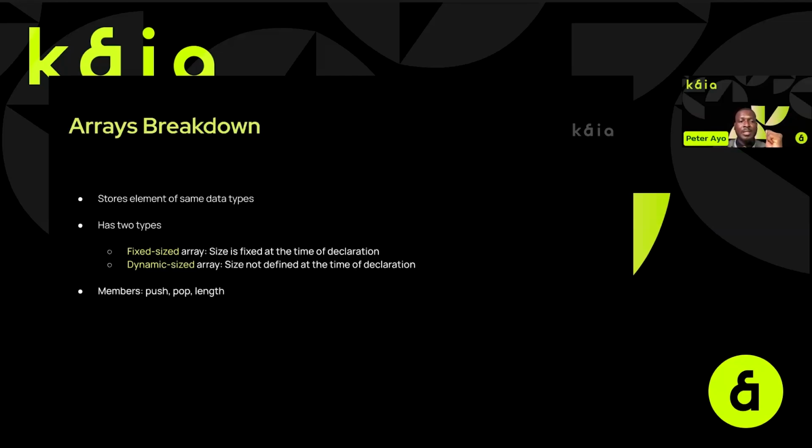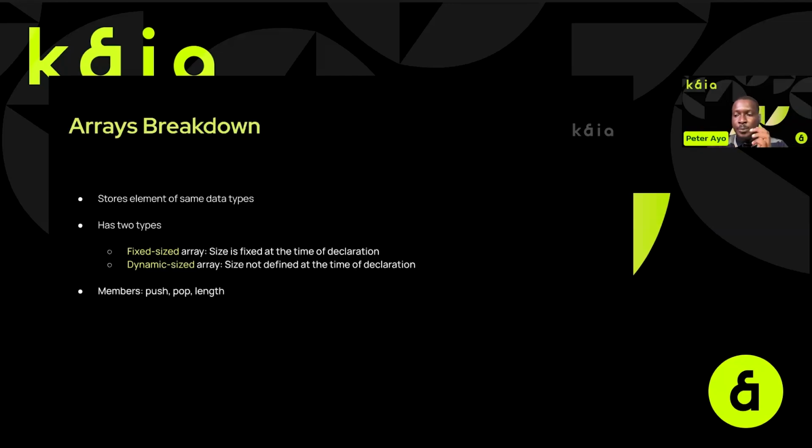Now, what does this mean? It means that a fixed array can have a fixed length of 5 or 10, right? While a dynamic array keeps growing. It's not limited by the length. You don't say, oh, we can only house 5 values here or 10 values here, right?